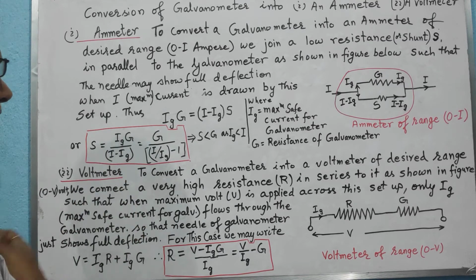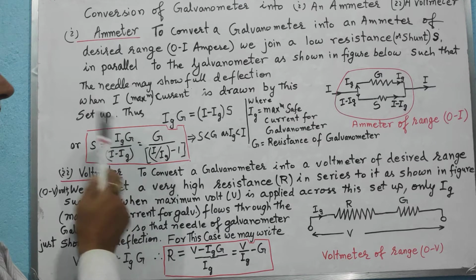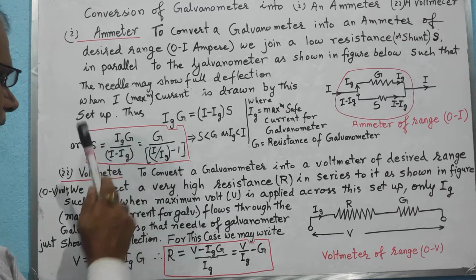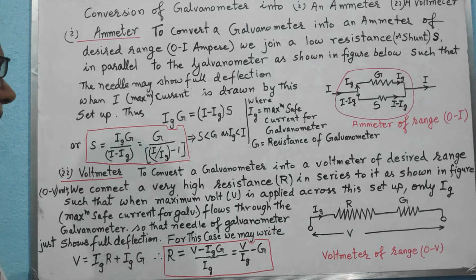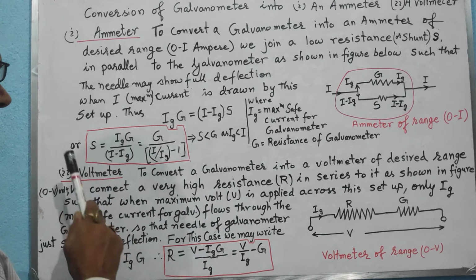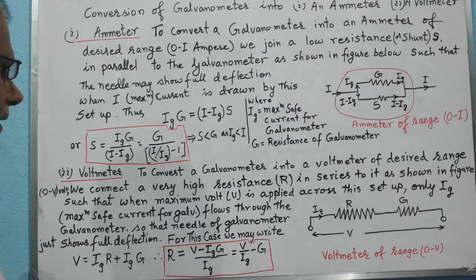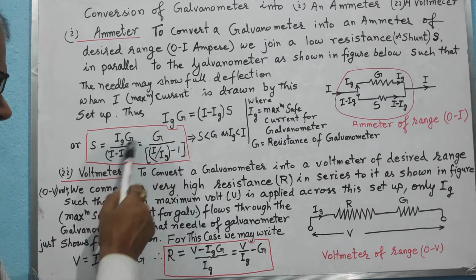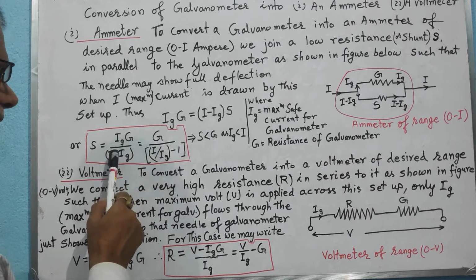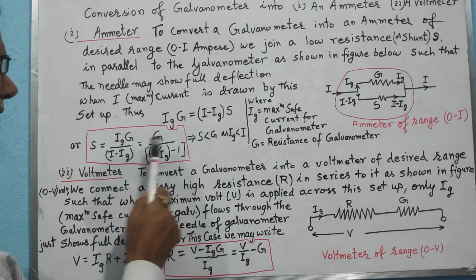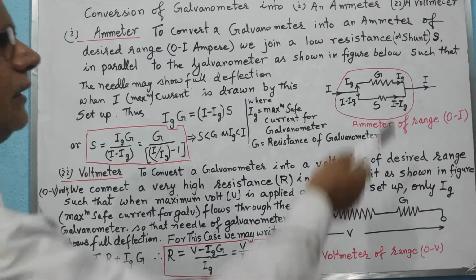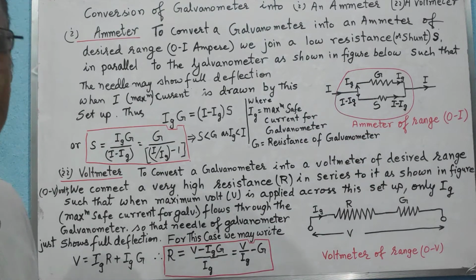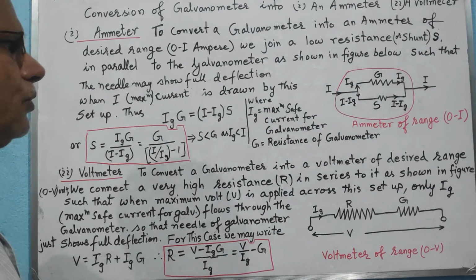We know the maximum safe current for the galvanometer and its resistance capital G, and the maximum current to be measured by this device is known to us. Putting these values in this relation, we find the value of the shunt which enables it to measure current in the range 0 to I.